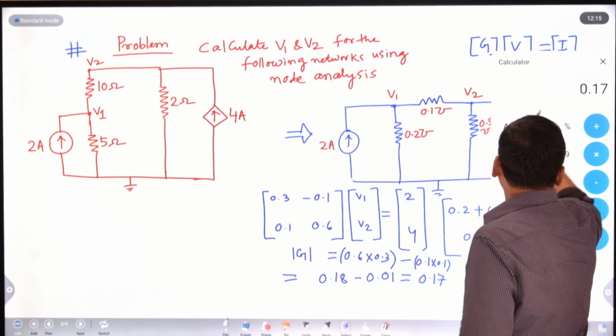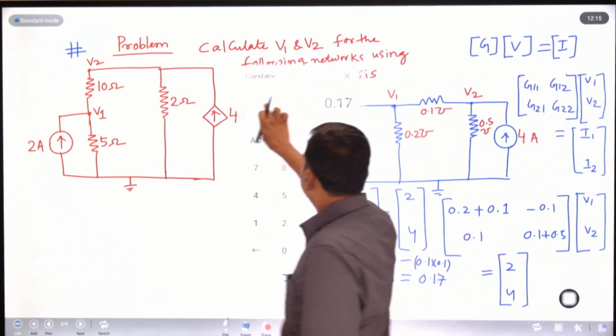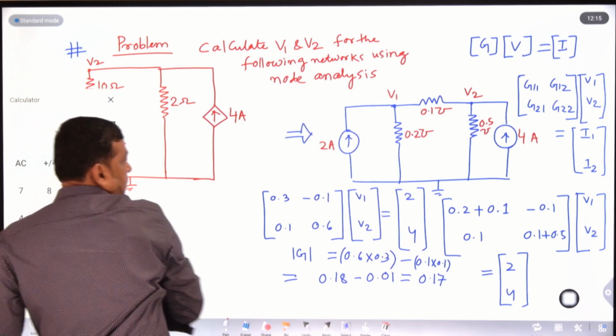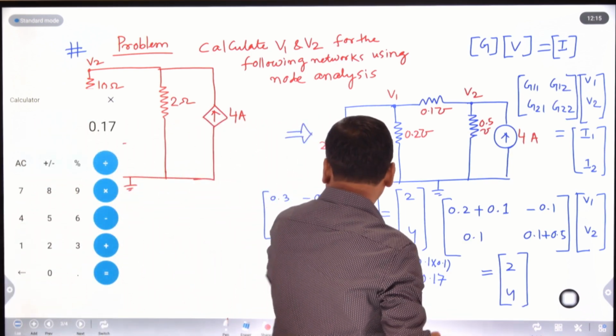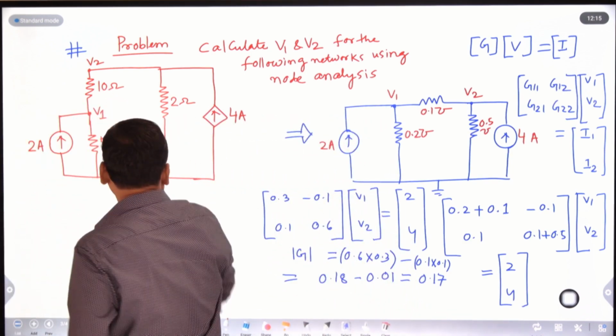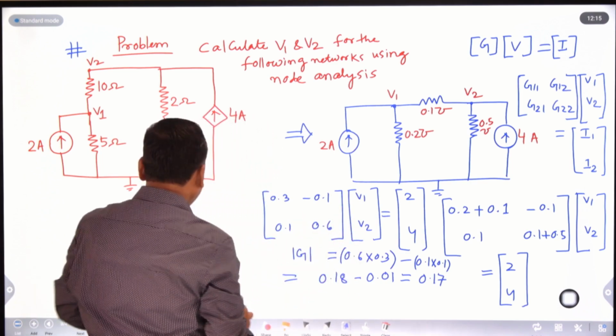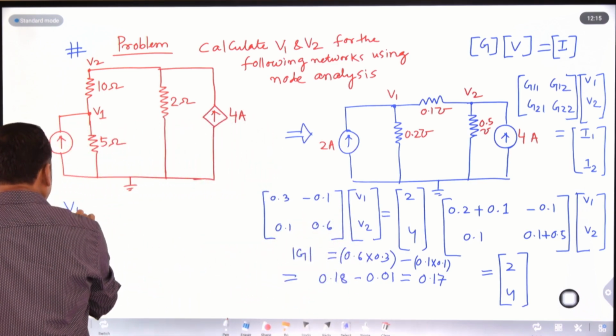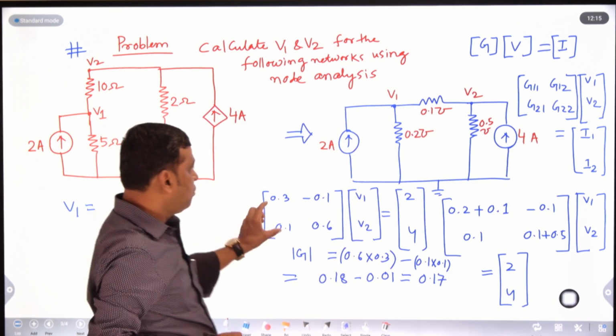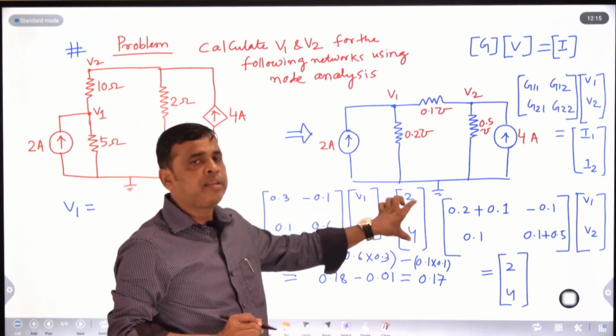So then what will we do? How to calculate V1? Using Cramer's rule, first column, second column and third column.